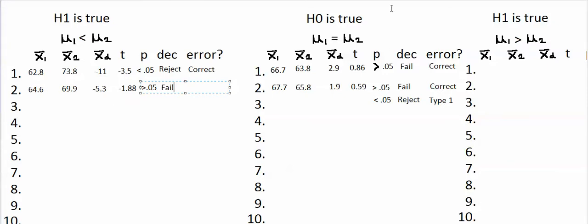A researcher who got this outcome would fail to reject the null, and it would be wrong because they're giving the null the benefit of the doubt, and H1 really is true. So it's actually a type 2 error. If you fail to reject and H1 is true, it's a type 2 error.